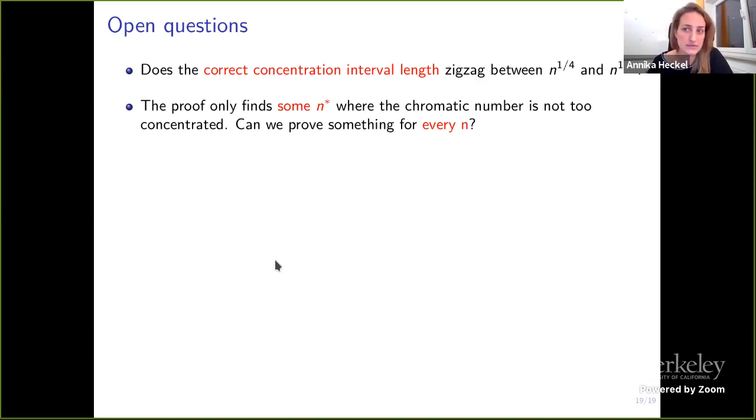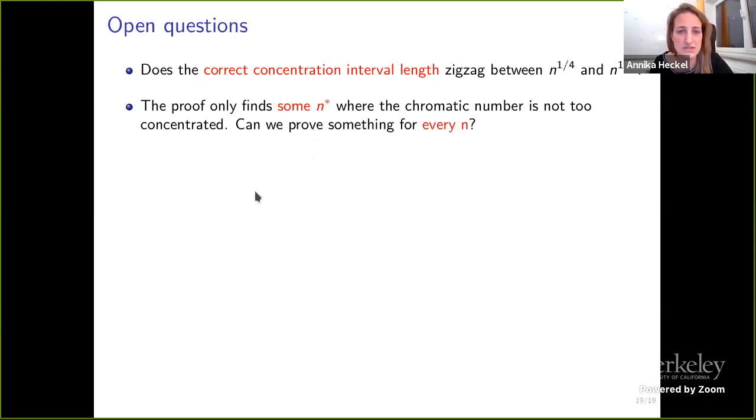Another big question that is left open is, well, can we say something about every n? It's a feature of our method which I don't think can be changed. So our method only finds some n star near every n where the chromatic number is not concentrated.